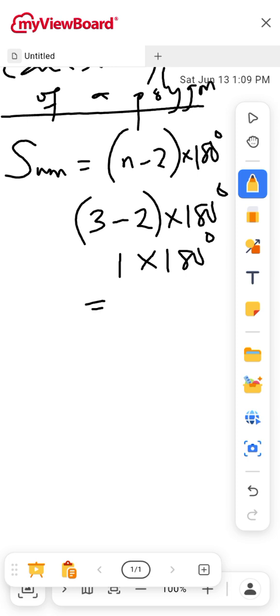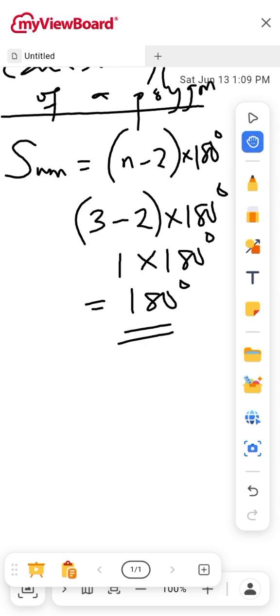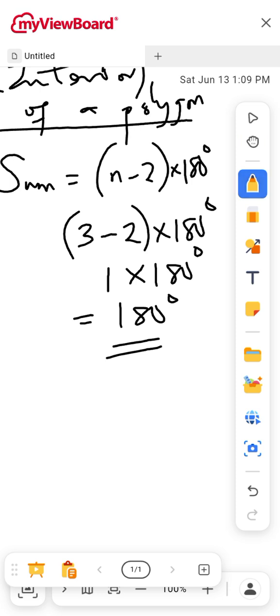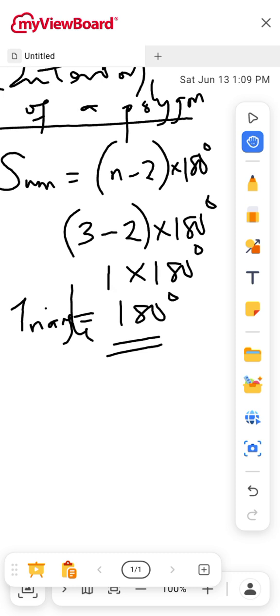Can you now see why the sum of angles in a triangle is 180? That is where they got it from.